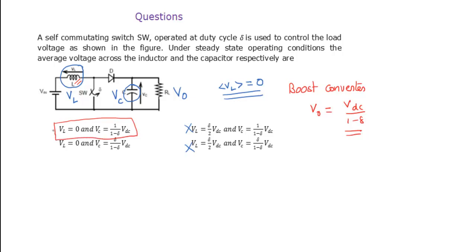So remember, the main thing is that in this diagram, average voltage across the capacitor is nothing but the load average voltage. Average voltage across the inductor for the periodical current is always the same whatever the circuit is. This we have been discussing. So that's why I gave this question.